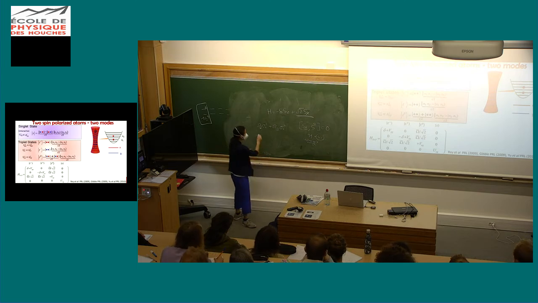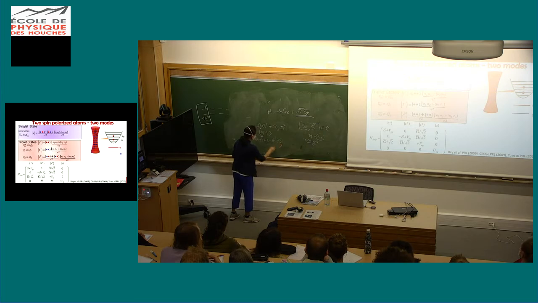You can also see it if I start with GG, and then apply my pulse, and the first atom evolves as cos theta G plus sine theta E.